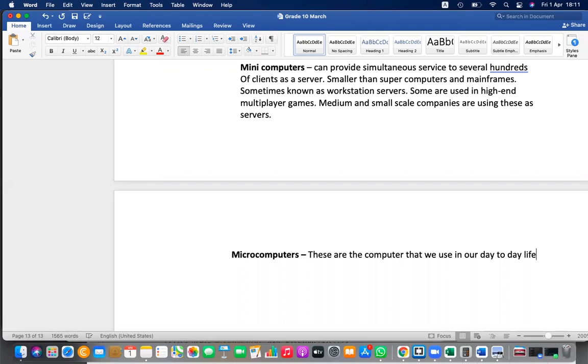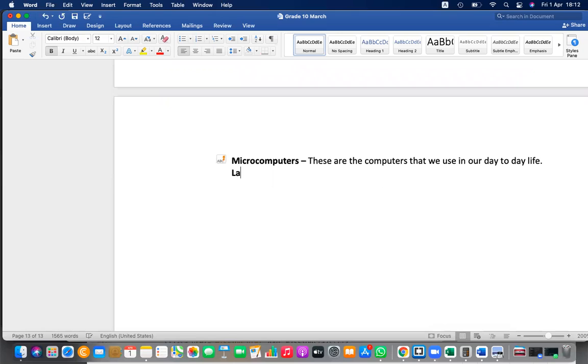You can say laptops, tablets, desktops, and smartphones are examples of these microcomputers.